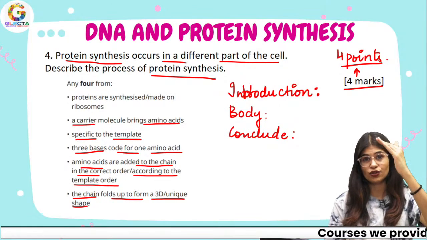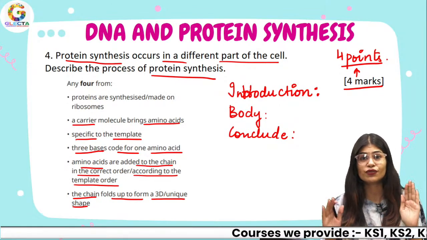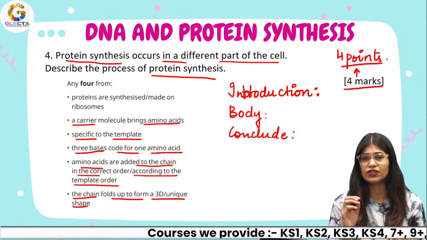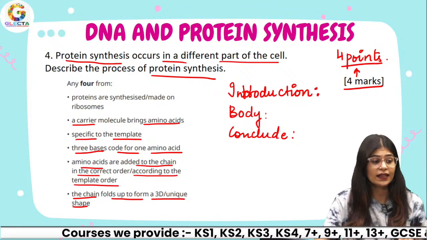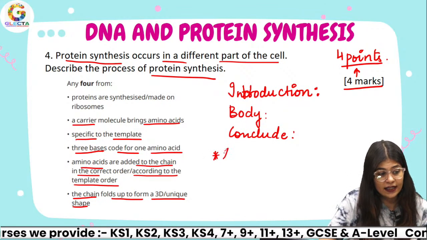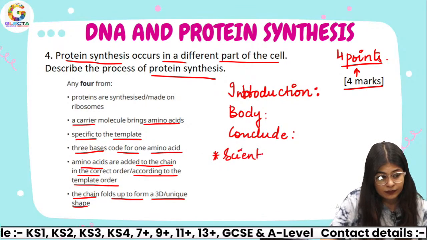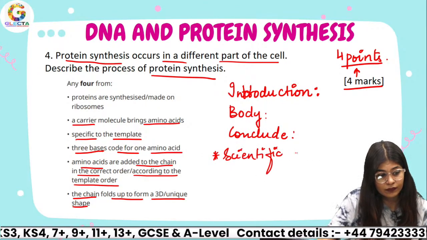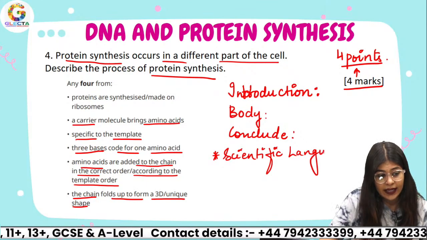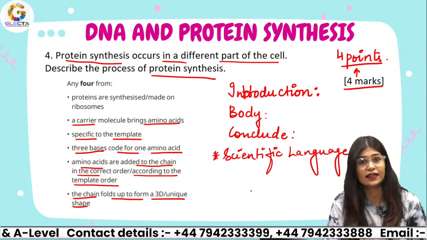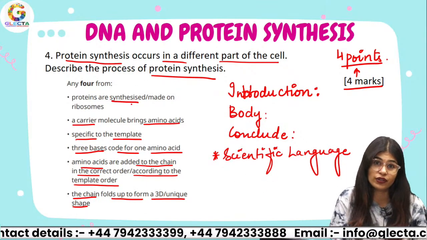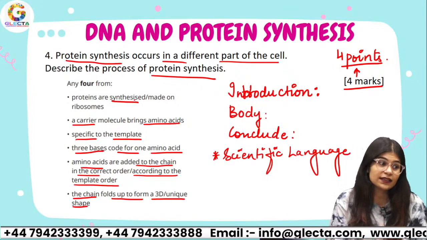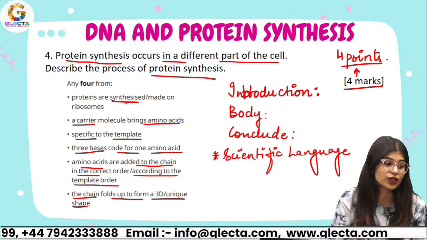So always make sure that you have a very specific structure to your answer, and then you should use scientific language. For example, instead of saying proteins are made, synthesized would be a good word: proteins are synthesized on the ribosomes.